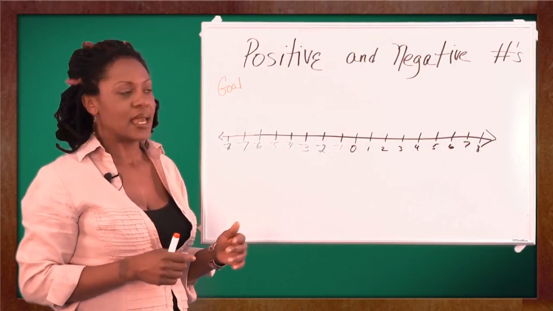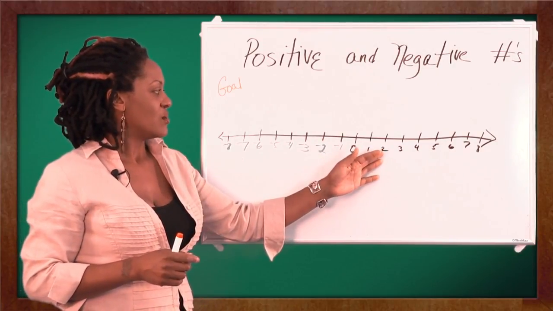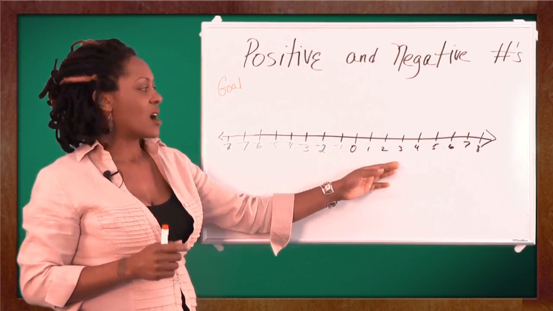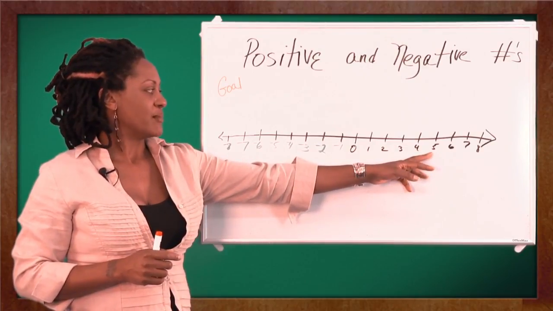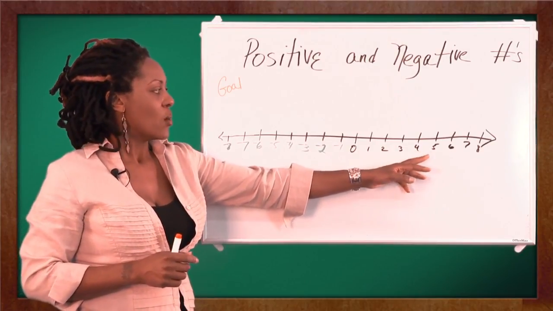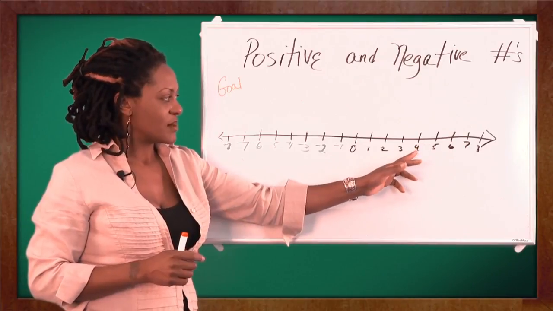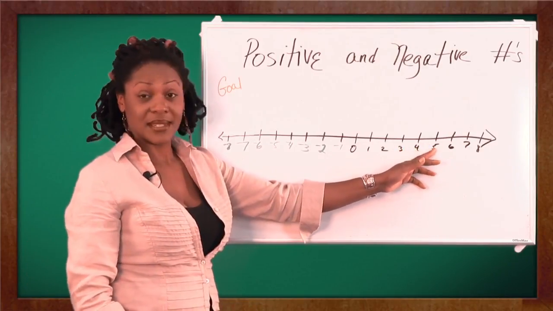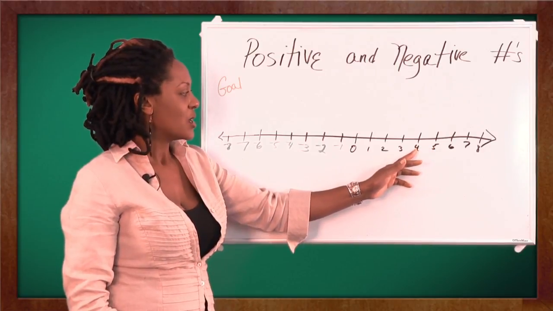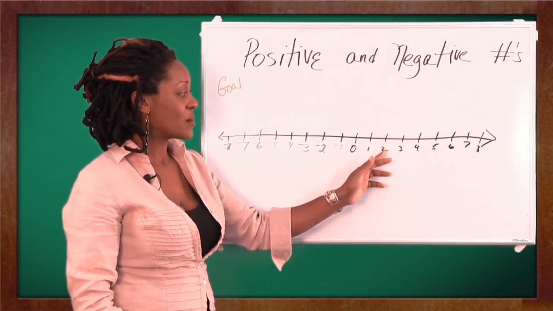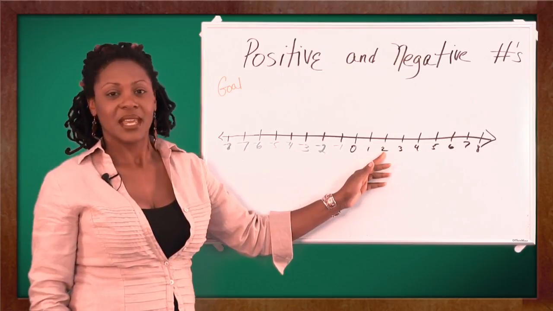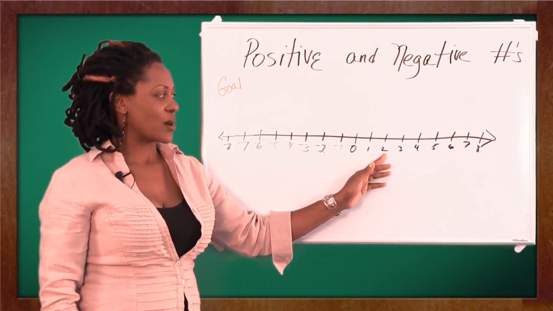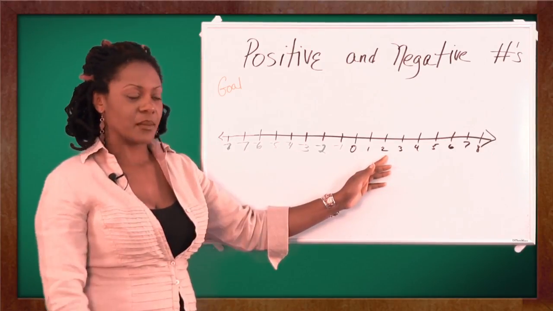Let's say you owed me $5, but you only had 3. Now instead of you owing me $5, you gave me 1, 2, and 3, now you only owe me 2. So you get to visually see how that works when you have a number line.